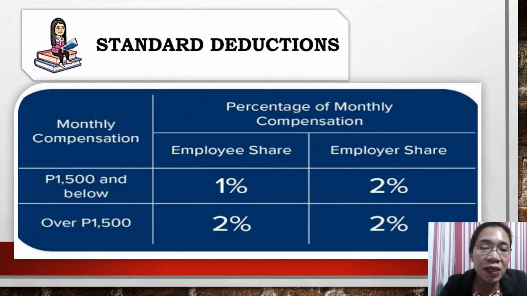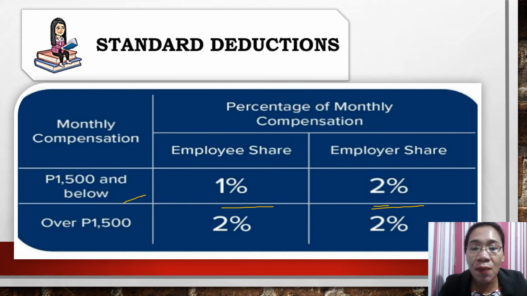Yung monthly compensation mo is 1,500 and below. Yung babayaran mo monthly is 1%, at yung employer mo, mayroon siyang share na 2%. So, pag yung monthly compensation mo is 1,500, babayad ka ng 1% as your employee share sa Pag-IBIG.